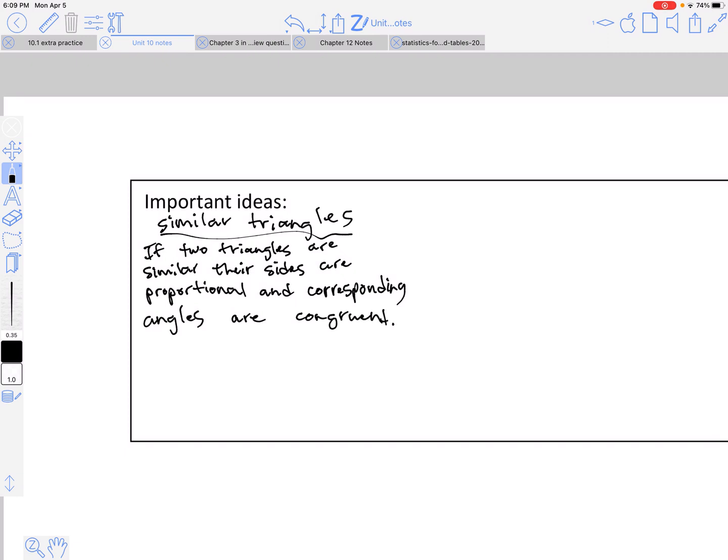This allows us to figure out angles from side ratios.